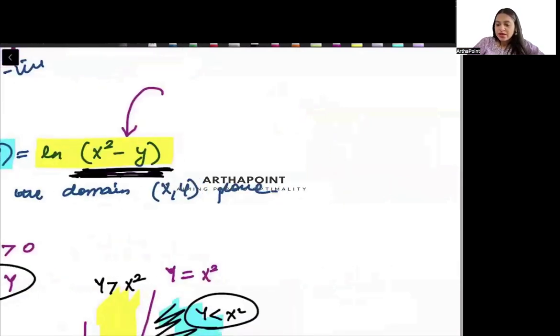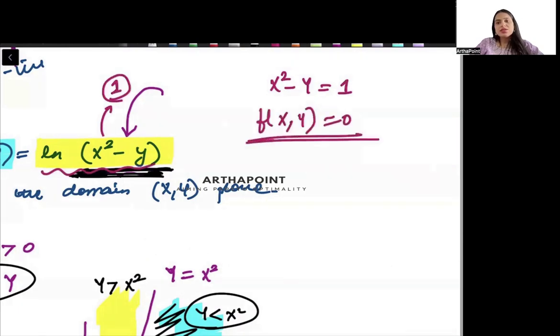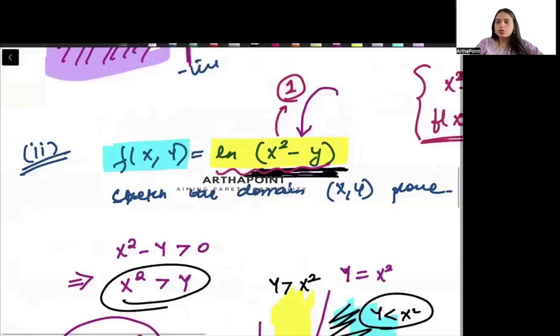So when we have x square minus y equal to 1, right? When I get this as 1, the value of the function should come out as 0. This is another thing that must be satisfied. But try to understand here that I am not concerned with drawing the function.